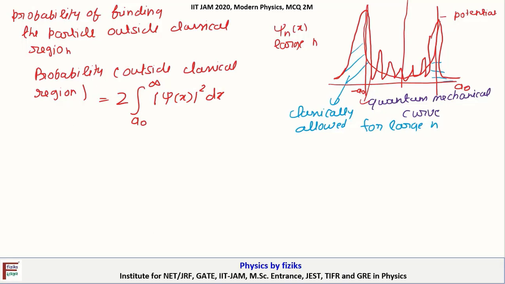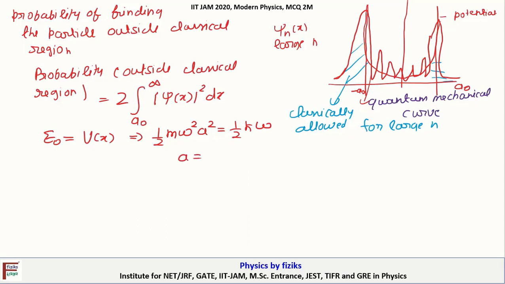Now this A0 is determined by equating E with the potential energy. So E is half m omega square A square, which equals 1 by 2 h cross omega.